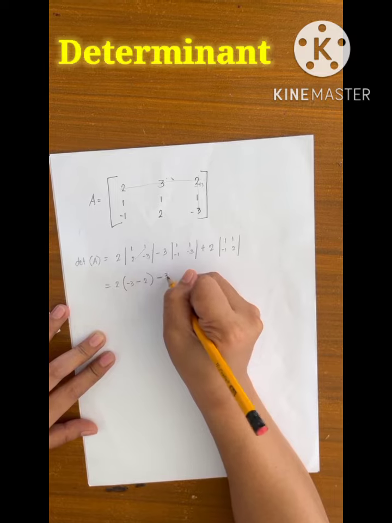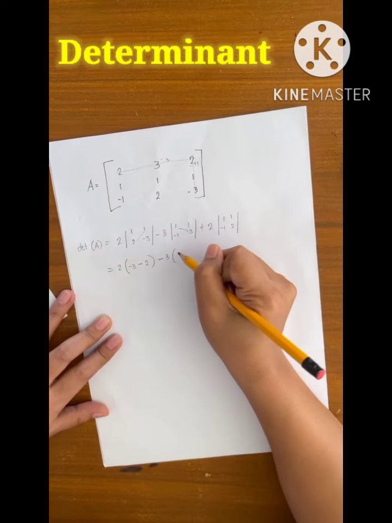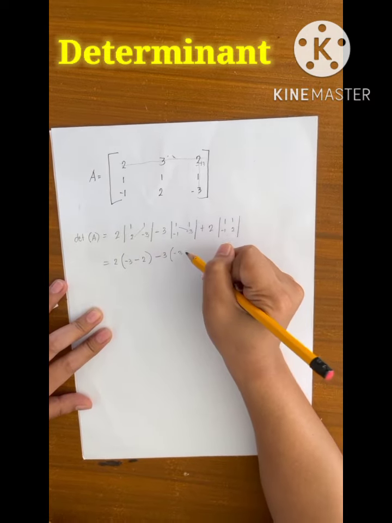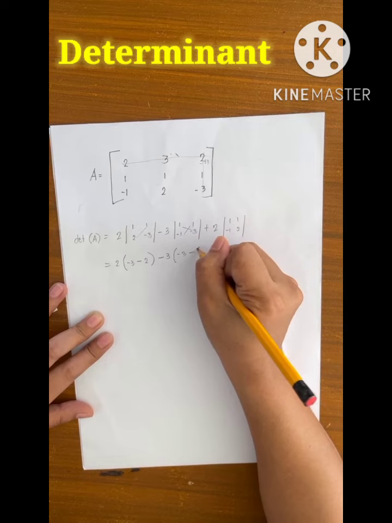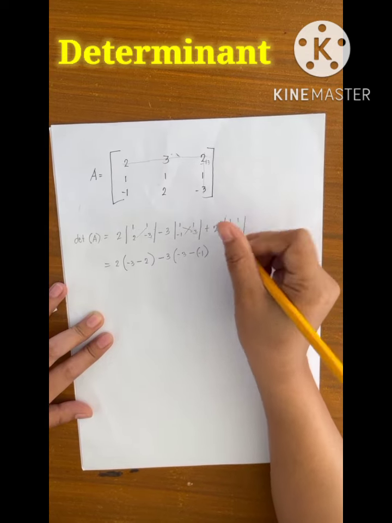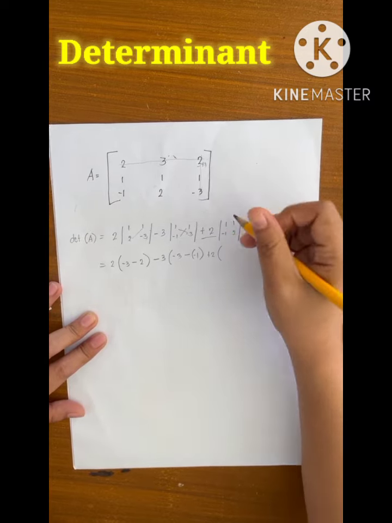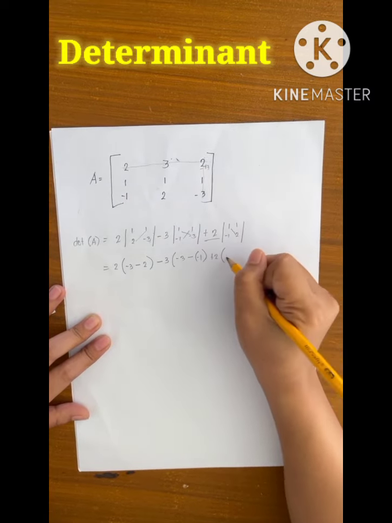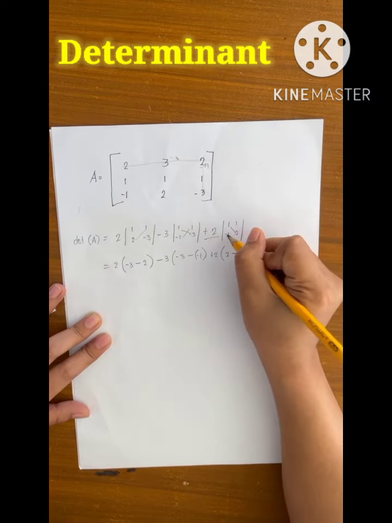Copy 3. 1 times negative 3 is negative 3, minus 1 times negative 1 is negative 1. Copy positive 2. 1 times 2 is 2, minus 1 times negative 1 is negative 1. So we will simplify this.